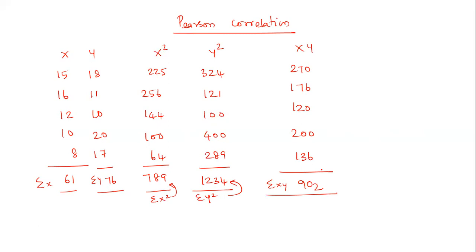Now the Pearson correlation formula is N into summation of XY minus summation of X, summation of Y. We have calculated everything.